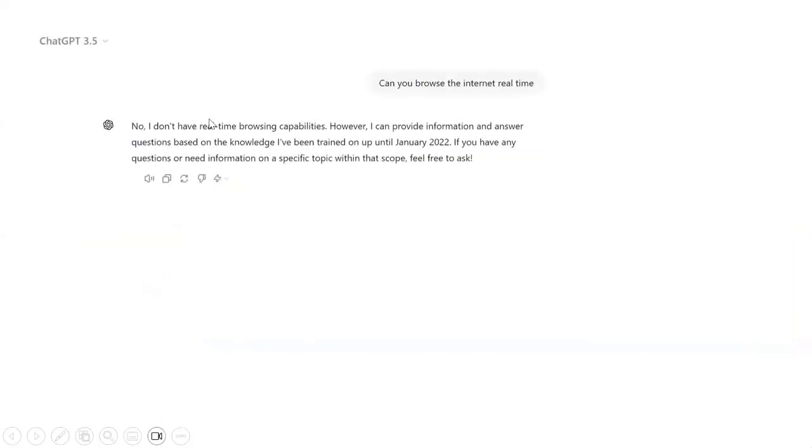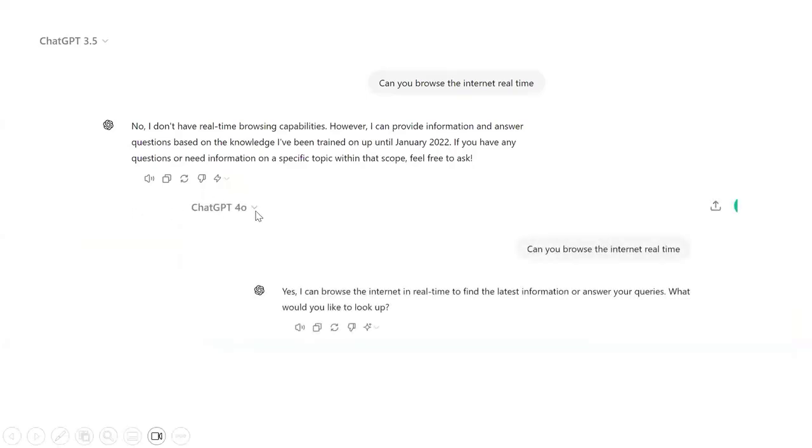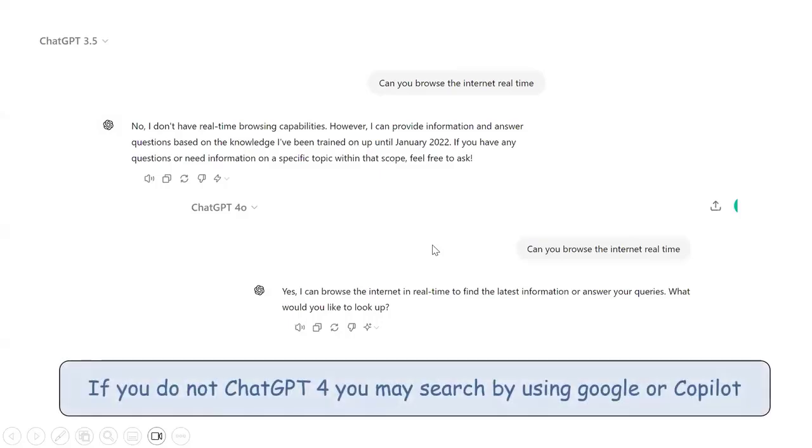With the free version, 3.5, when I ask it, can you browse the internet in real time, the answer is no. I don't have real-time browsing capability, but I can provide information up to January 2022. But if you subscribe to ChatGPT 4, it can provide internet access in real time. So if I don't have ChatGPT 4, I may search using either Google or Copilot.